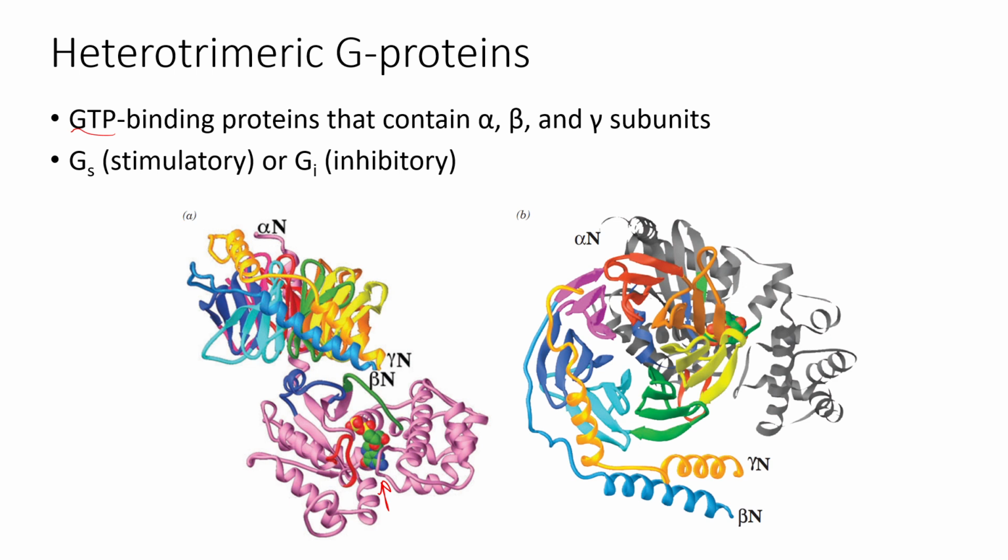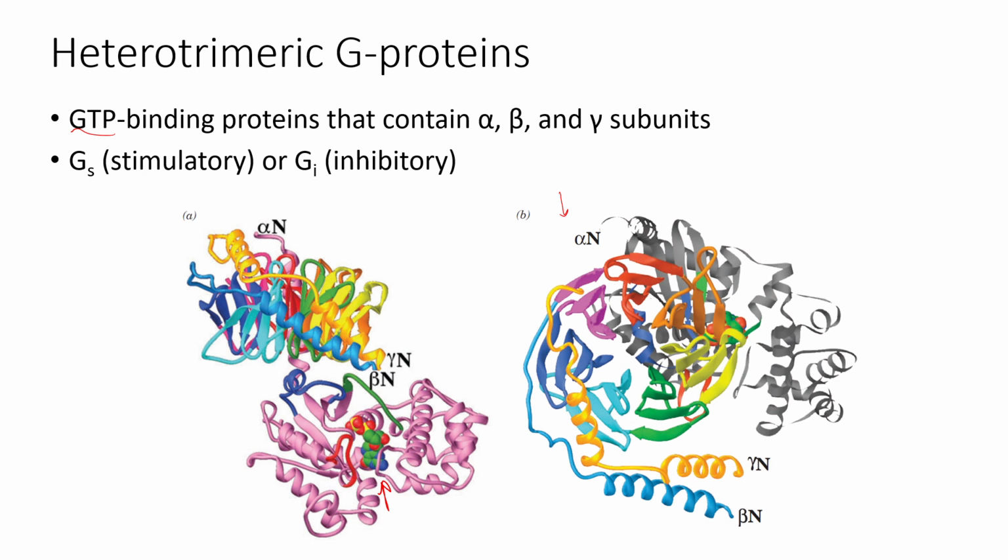You also see the beta subunit a little bit above there, which is shown in the sort of rainbow color, and then there's the gamma subunit, which is shown in that orangey yellow color. And that's kind of a side view. On the right over here, you can see this top-down or bottom-up view, where the beta subunit is still rainbow and the gamma subunit is still yellowy orange, but the alpha subunit is now shown in gray.